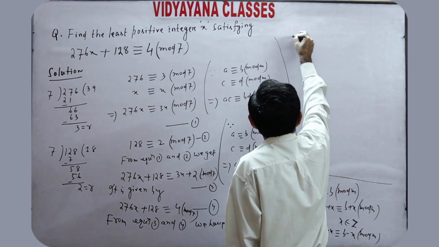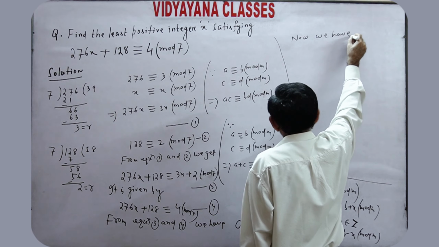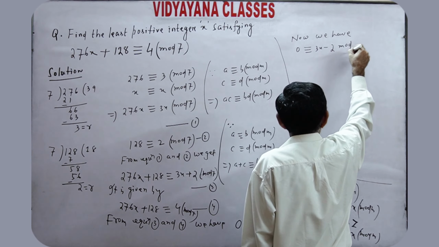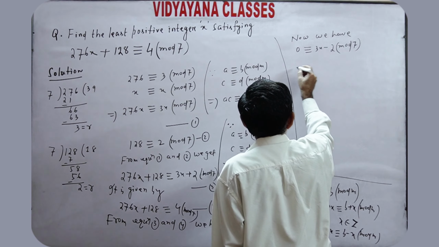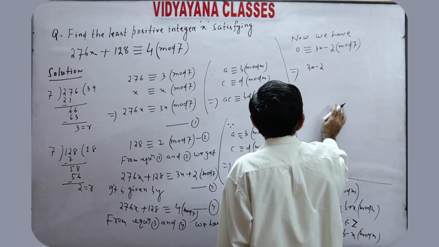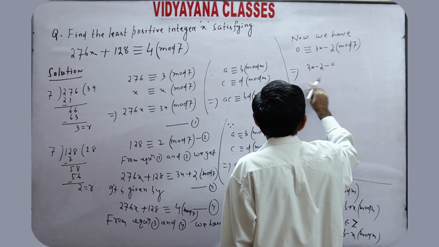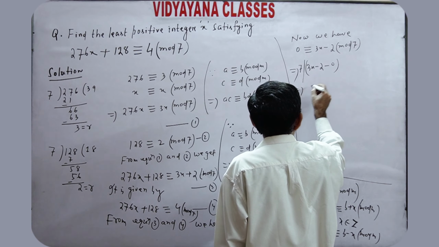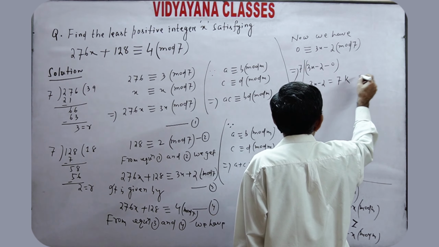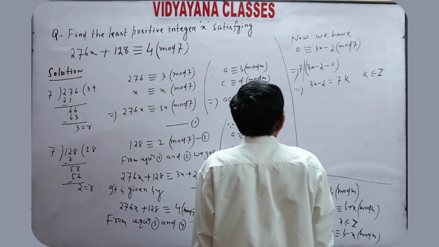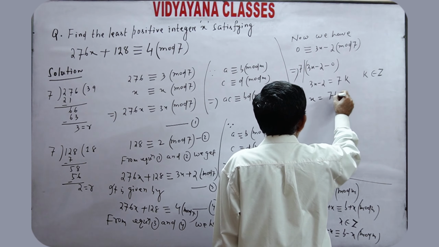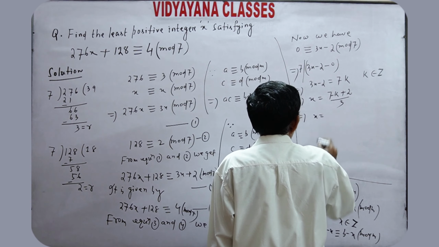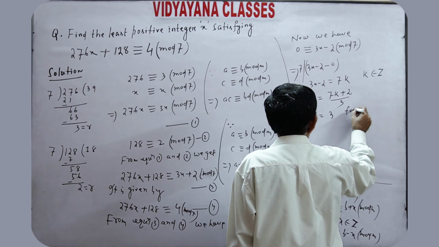Now we have 0 congruent to 3x minus 2 mod 7, which implies 3x minus 2 minus 0 is divisible by 7, which implies 3x minus 2 is equal to 7k, k belongs to the set Z. x is equal to (7k plus 2) divided by 3, which implies x is equal to 3 for k equal to 1.